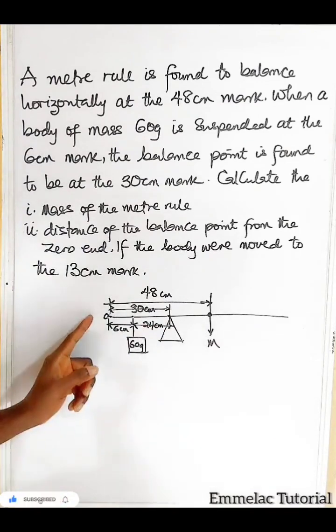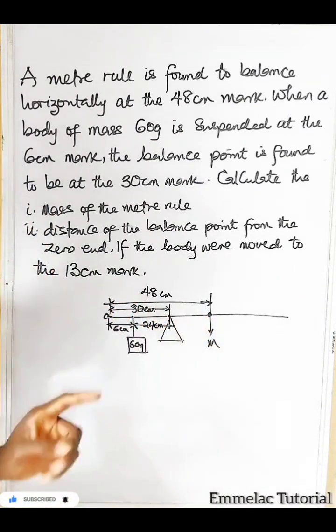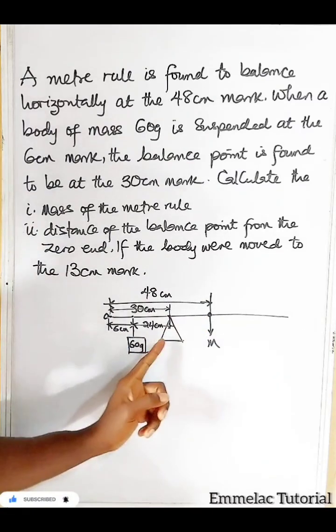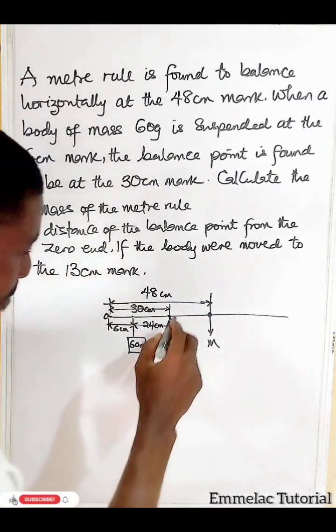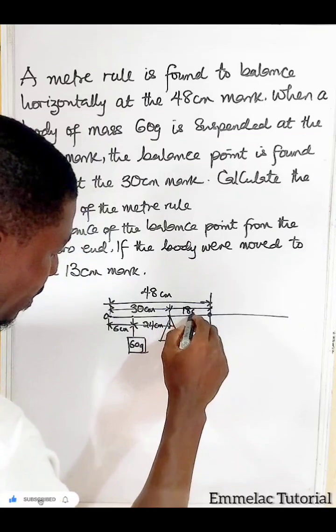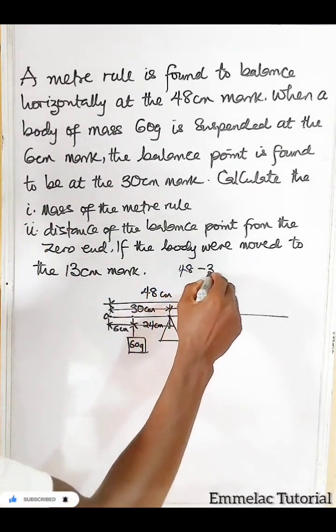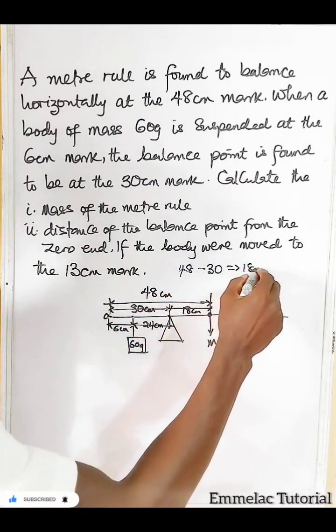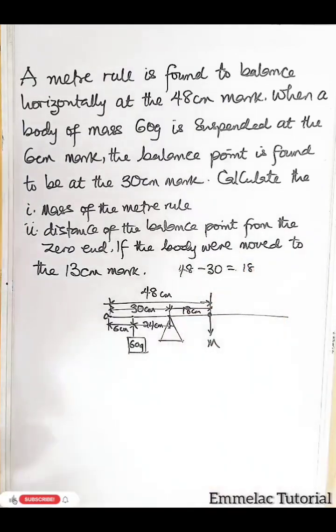And if from 0 to the center is 48, and from 0 to the pivot is 30, the remaining part will be 48 minus 30, which gives us 18 centimeter. Okay, at this point let us find the mass.